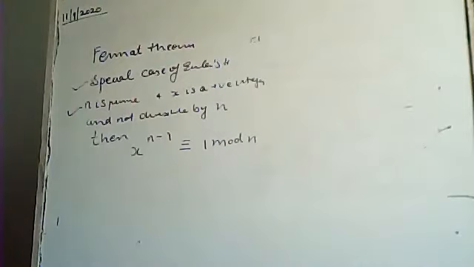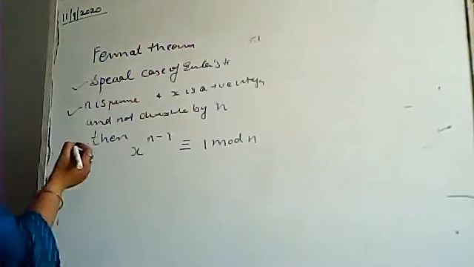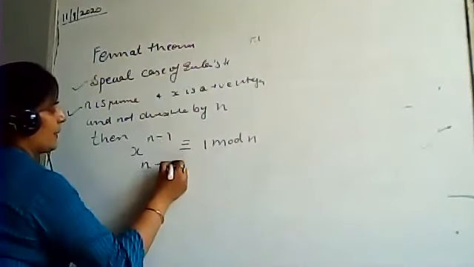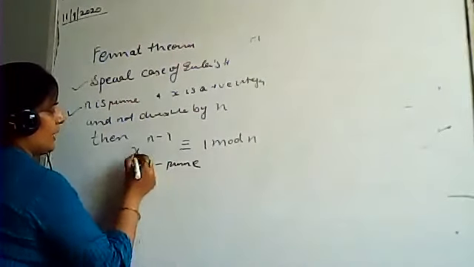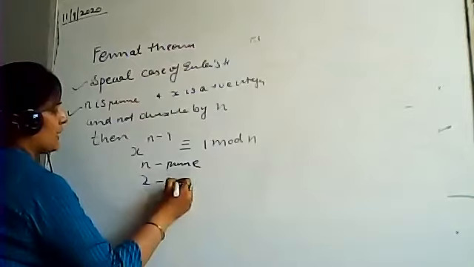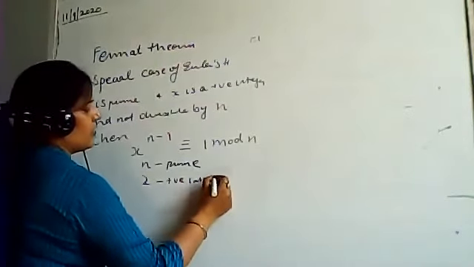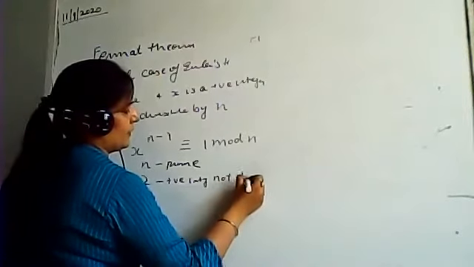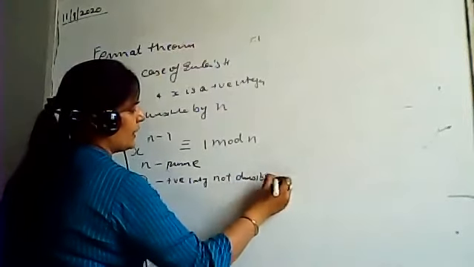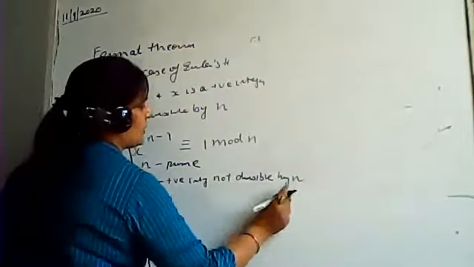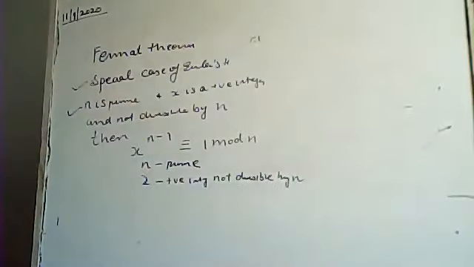Clear? So how can we represent this particular thing? In my case here, n is prime, and x is a positive integer which is not divisible by n. This is my requirement for this particular theorem.